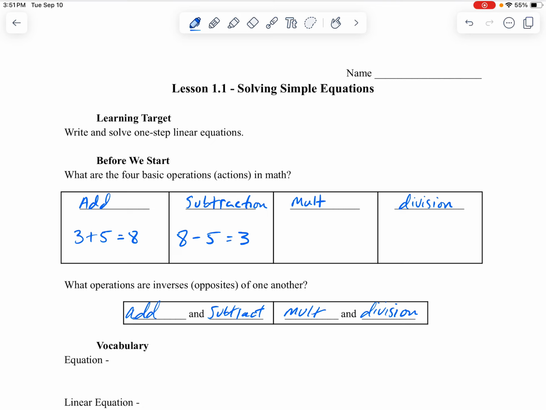And similarly, the same thing happens with multiplication and division. So what if I take 3 times 5? I end up with 15. And if I take 15 divided by 5, I end up back at 3. So we're going to use these principles to help us solve equations.